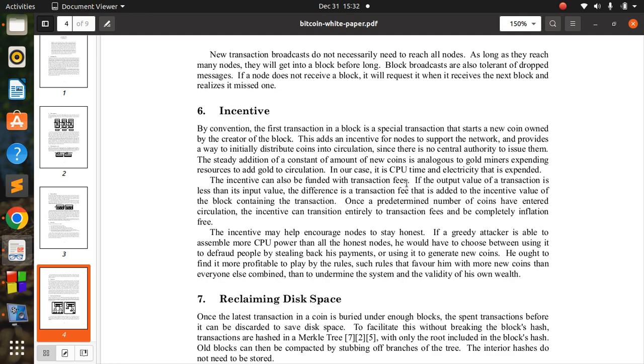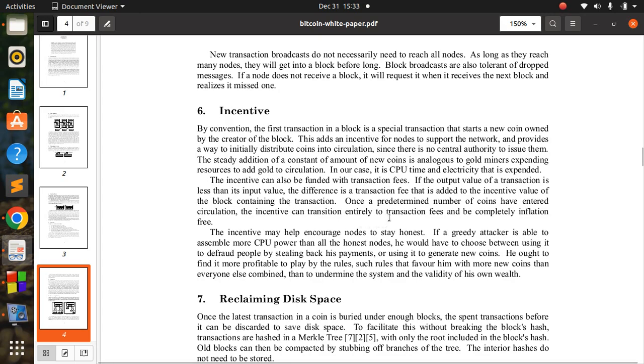The incentive can also be funded with transaction fees. You see, transaction fees. When you're trying to send a coin, you pay a transaction fee. Like Bitcoin, you pay a certain percentage as transaction fee, and that's what they give to people who are mining as their incentive. If the output value of a transaction is less than its input value, the difference is a transaction fee that is added to the incentive value of the block containing the transaction.